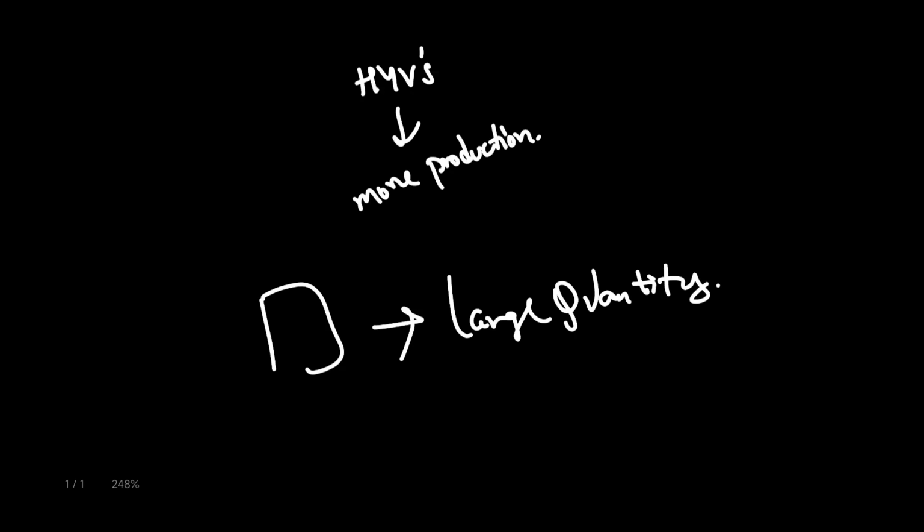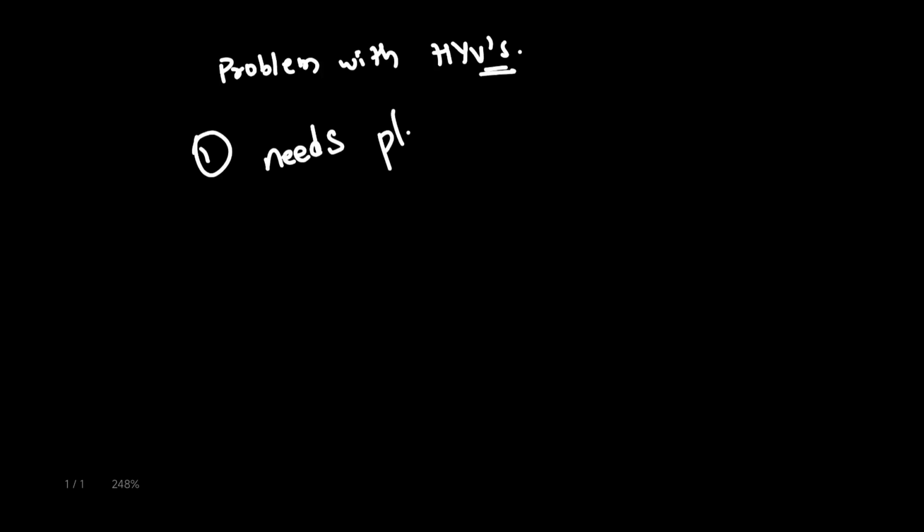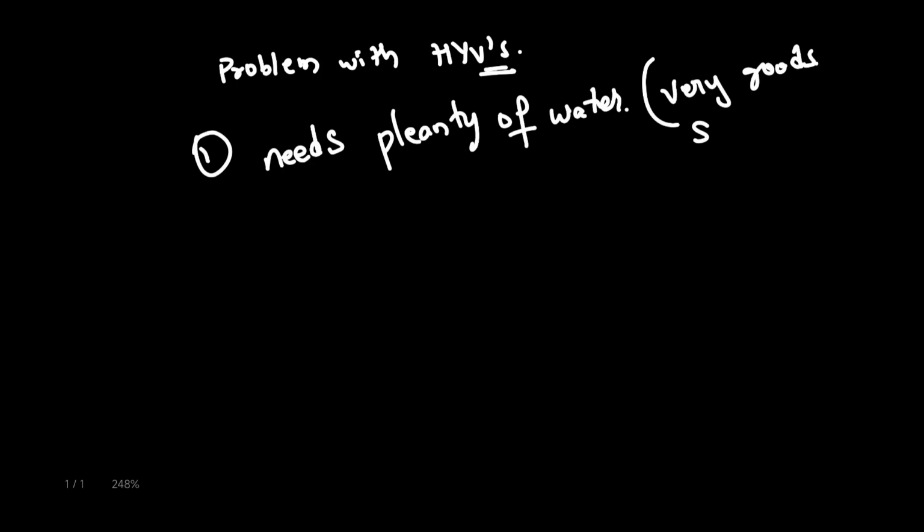But the problem with high yielding variety seeds was that they need plenty of water. So the villagers needed a very good irrigation system.